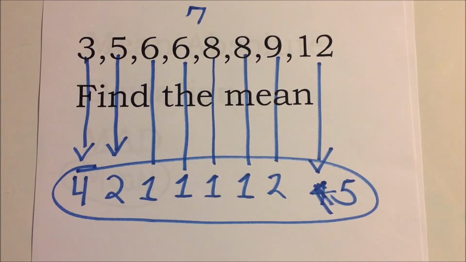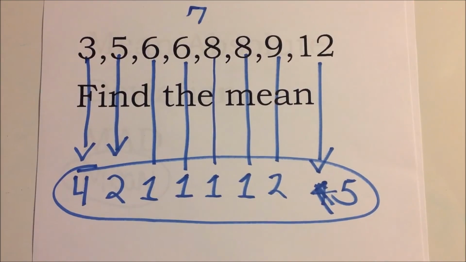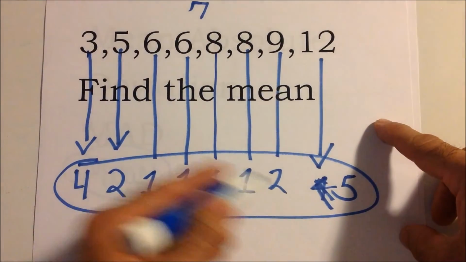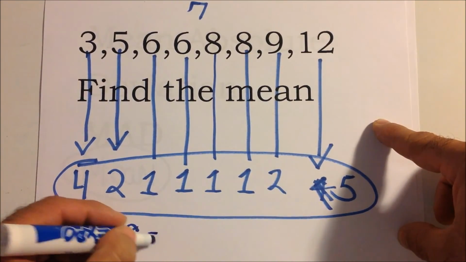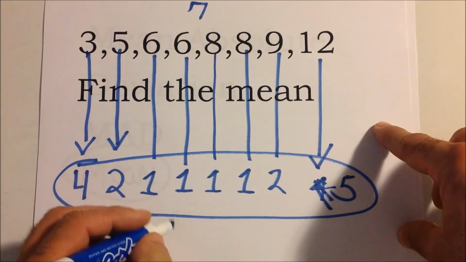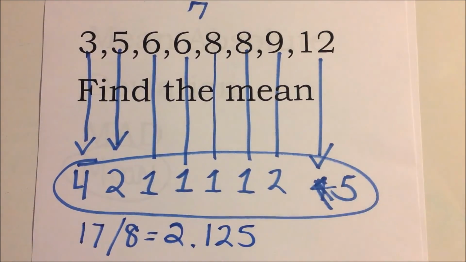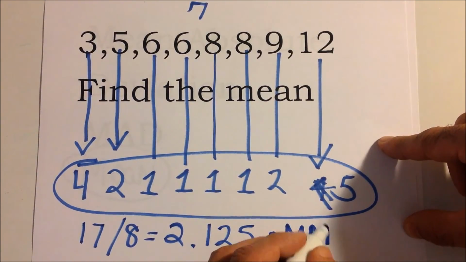So find the sum and get the MAD, not get mad. So if we add all this together, we're going to have 17. And 17 divided by 8 will give us 2.125. So 2.125 is the mean absolute deviation, or the MAD.